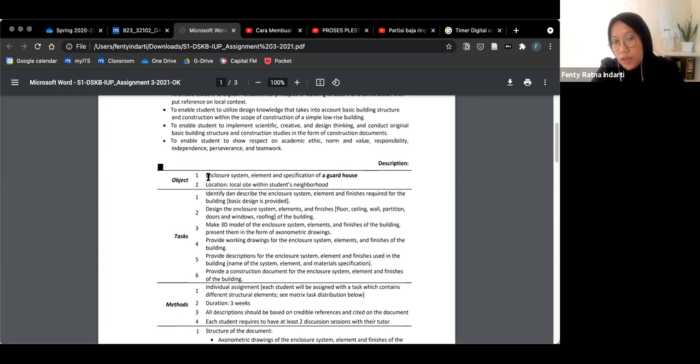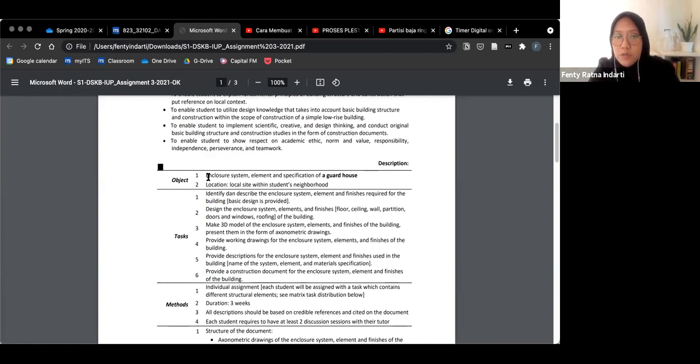So the task consists of identifying and describing the enclosure system, element and finishes required for the building. Basic design is provided. And then the design of the enclosure system, elements and finishes. You have to create a 3D model of the enclosure system as well, including elements and the finishes of the buildings.